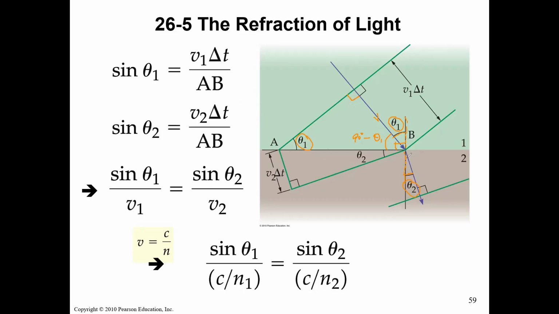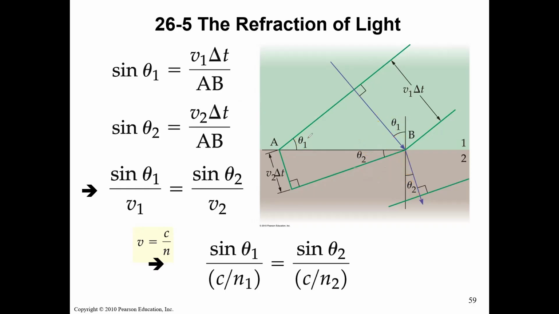Again, the green line is a wavefront and the blue line is a light ray, both in medium 2, so this is a right angle and this angle will be 90 degrees minus theta 2. And since this is a surface normal, this angle is 90 degrees minus (90 degrees minus theta 2), so this angle is theta 2.